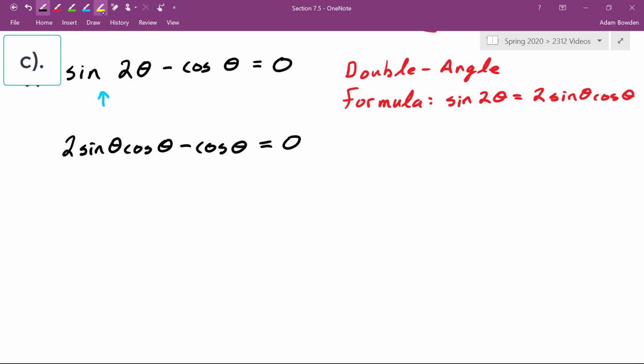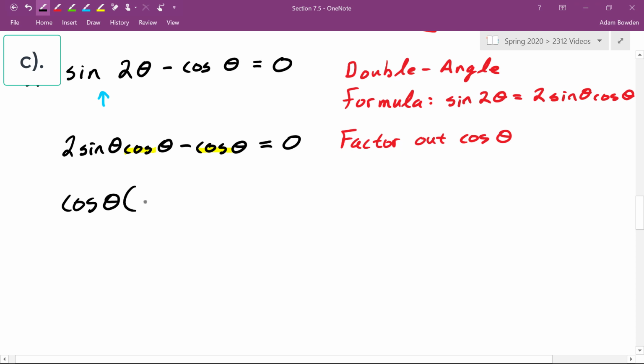And now this sets up better because cosine theta is a common factor of both terms. So we can actually factor out the cosine theta. That would make it look like cosine theta times 2 sine theta minus 1 is equal to 0.